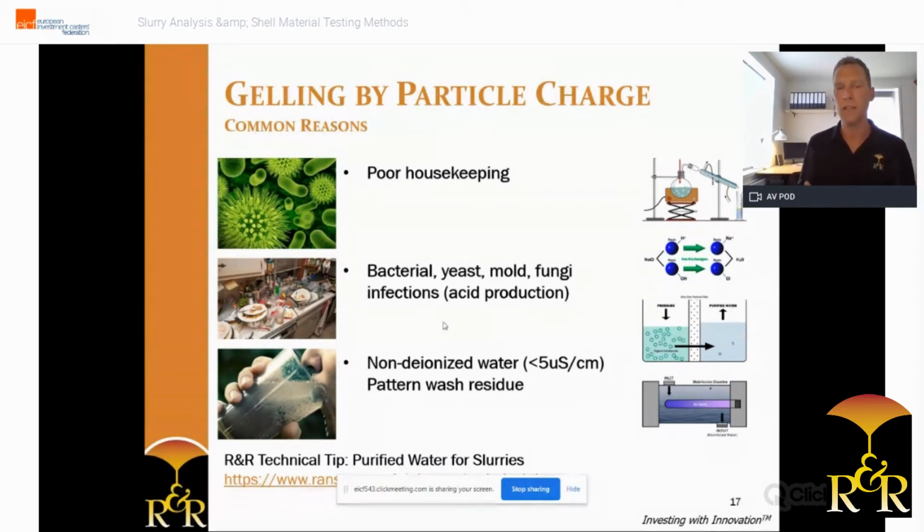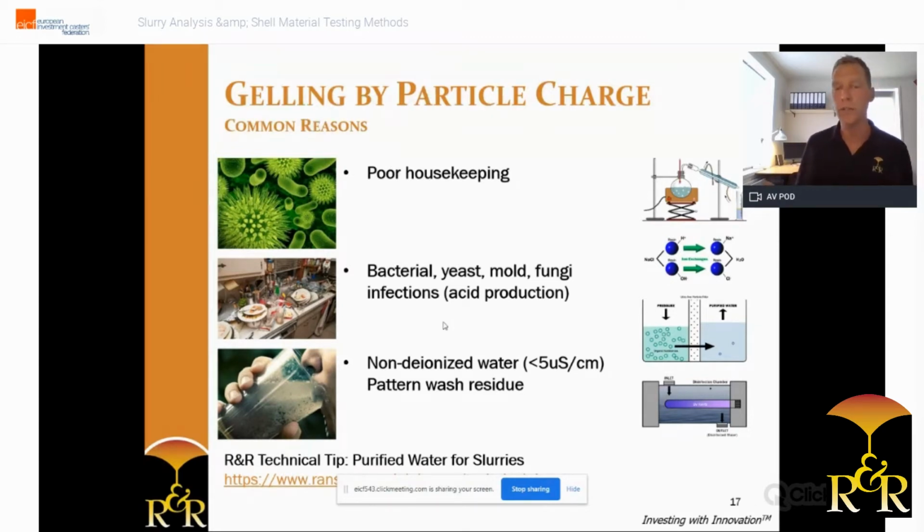So to prevent these infections, general housekeeping and hygiene is actually quite important in the shell room. I think there's a lot of common sense here, as long as you are actually aware of it. But common sources are, for example, buckets with filthy water or water residues in mixers and pumps.